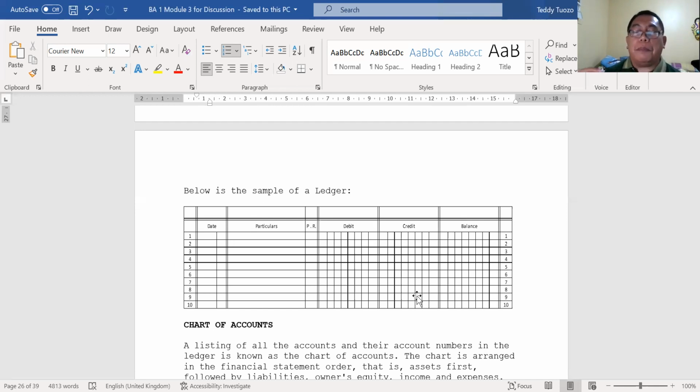Always, there will be a running balance. Unlike in the T account, where the balance will only be determined at the end of all transactions posted to that account. Here, the balance is always determined at the end of every entry that you post to the ledger.